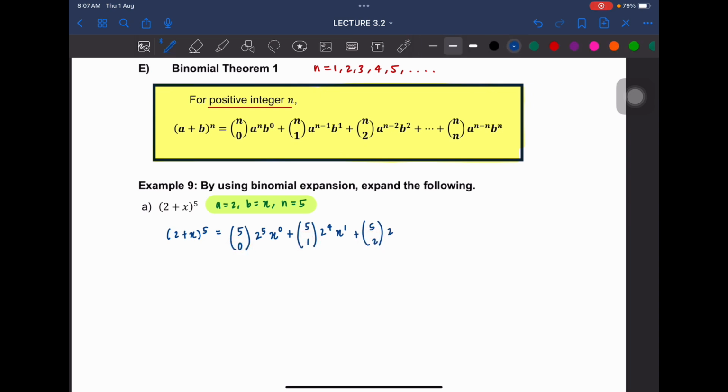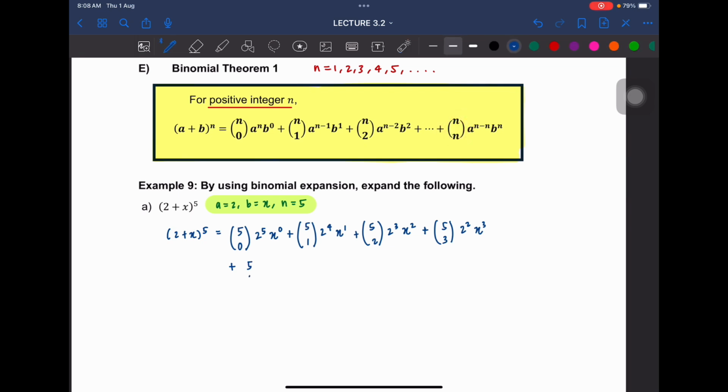So our a to the power of 3, our x to the power of 2. Okay, and continue lagi. So we have 5 choose 3 pula, and then kita punya a decrease the power, our b increase the power. Okay, belum habis lagi, we continue until we get 5 choose 5.